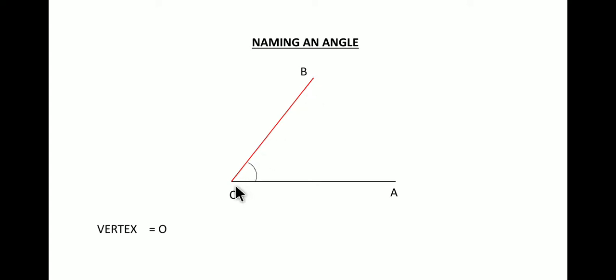The vertex O always lies in between. So it's either angle AOB, that means we are referring to this angle AOB, see vertex O is in between, or angle BOA, where O again lies in between the two arms. So BOA or AOB. So this is how we name any given angle.